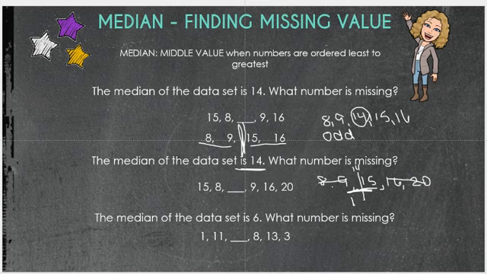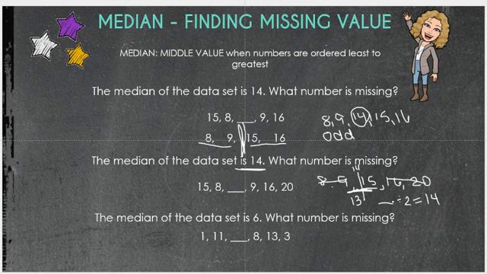Now, a lot of students will be able to say, oh, 14 is halfway between 13 and 15, so that's pretty easy. But if it were a greater distance apart and harder to figure out, we could go to that formula idea like we did with finding the missing value in mean. 14 is going to be halfway between 2 numbers, right? That's how we find the average of the 2 numbers.